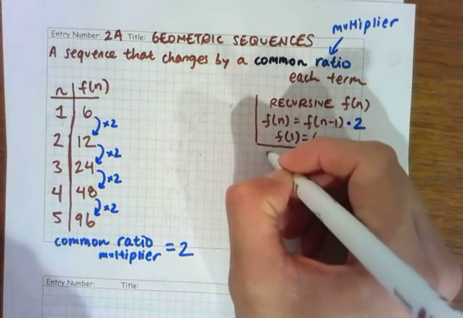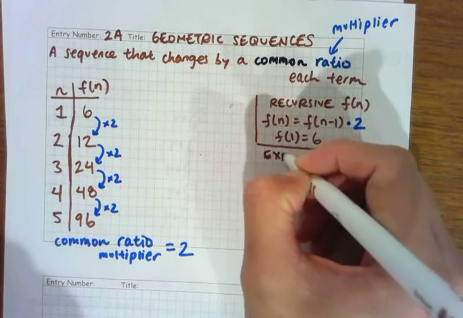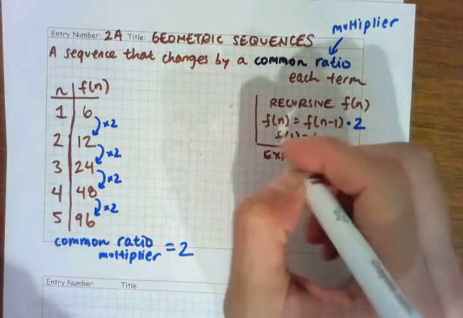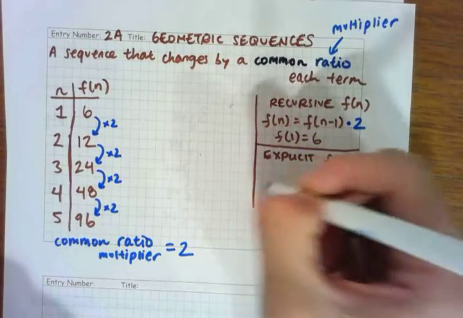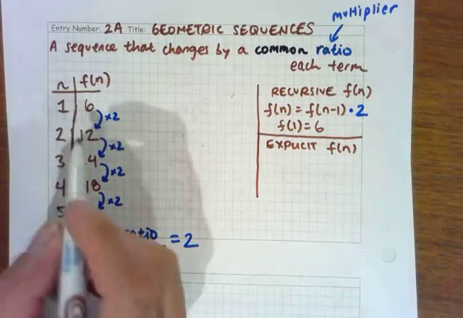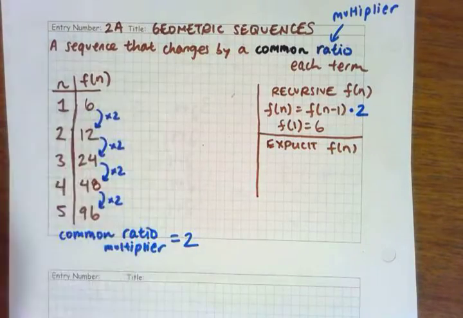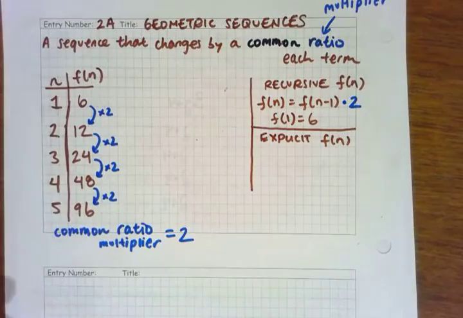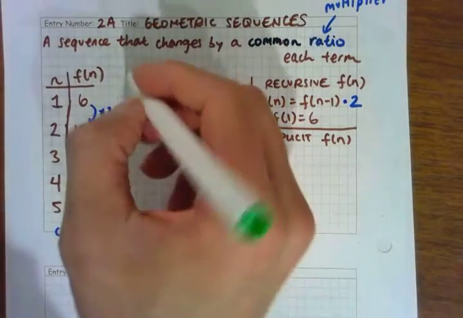And for our explicit function, it's a little trickier, but we can think of this as, in our first term it was 6. So we just had a 6.